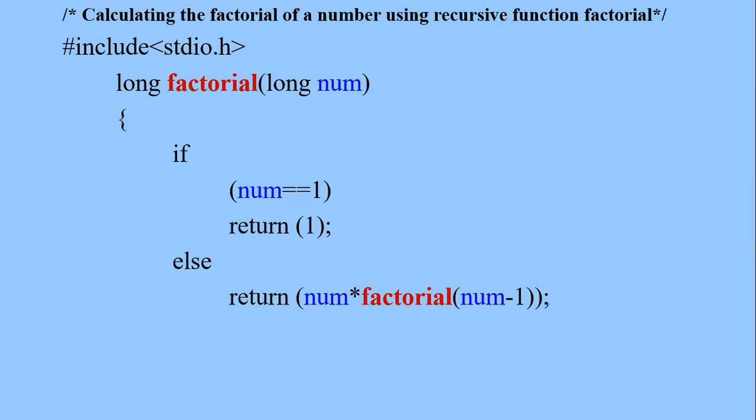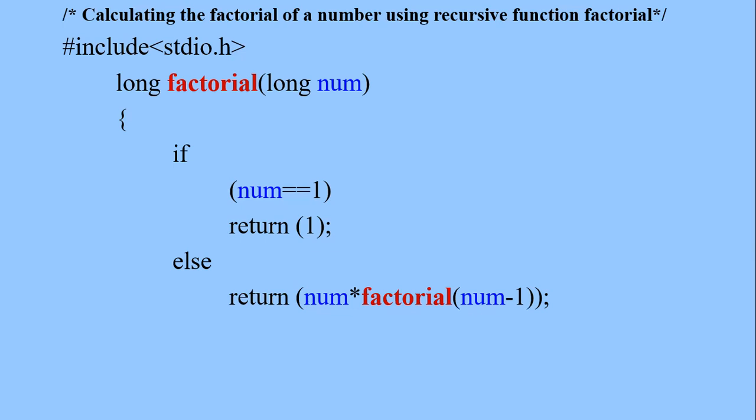And then next it will be 9 times factorial of what? Factorial of 9 minus 1. 9 minus 1 is 8. So when the function factorial repeats, it will be num, 9, times factorial of 9 minus 1, which is 8.